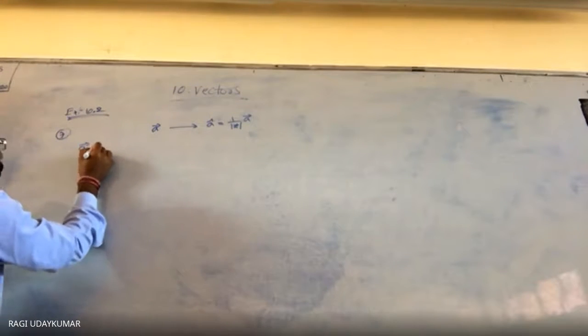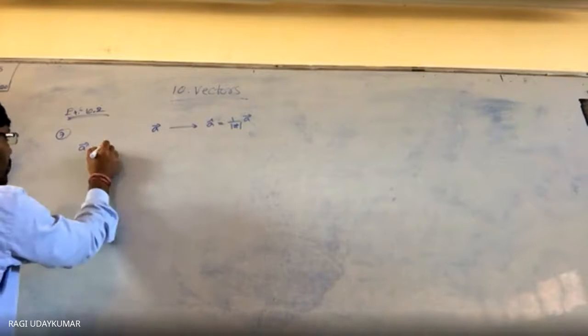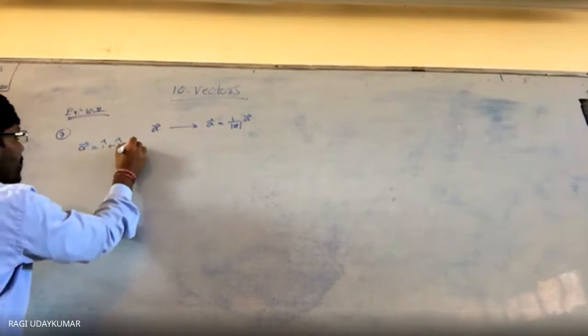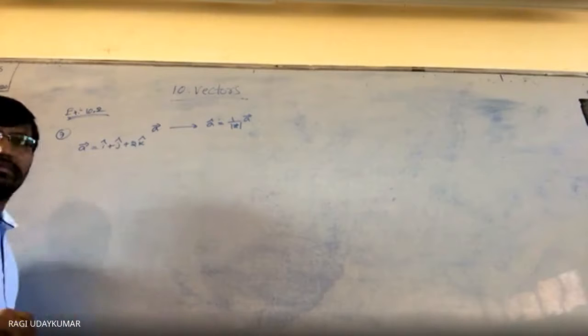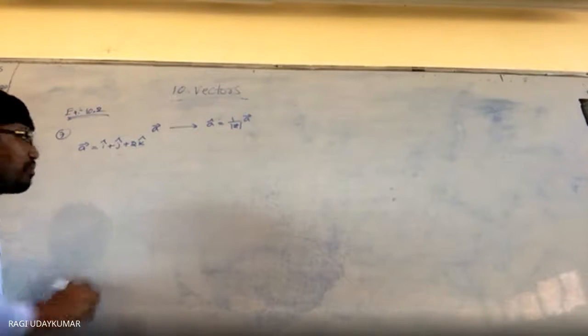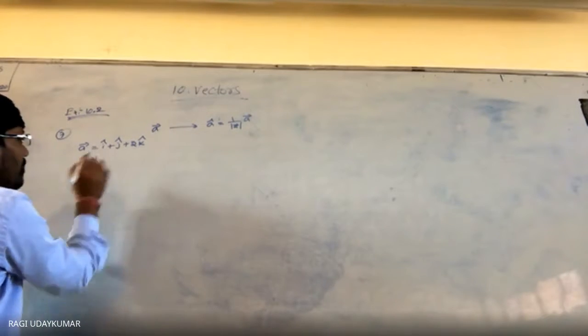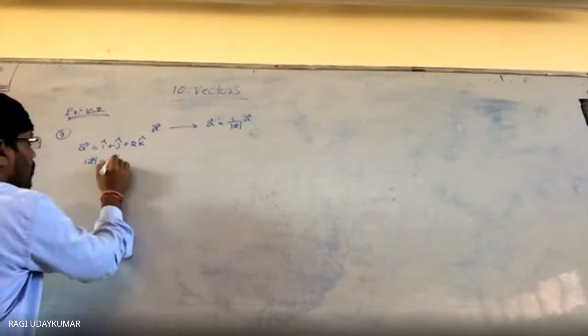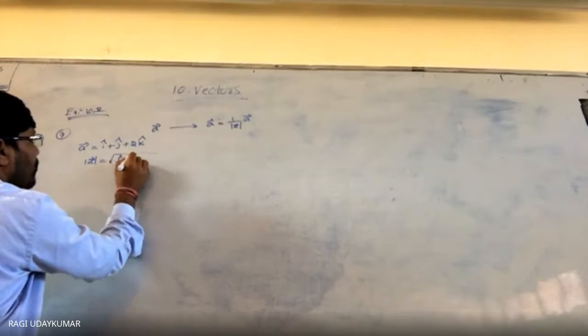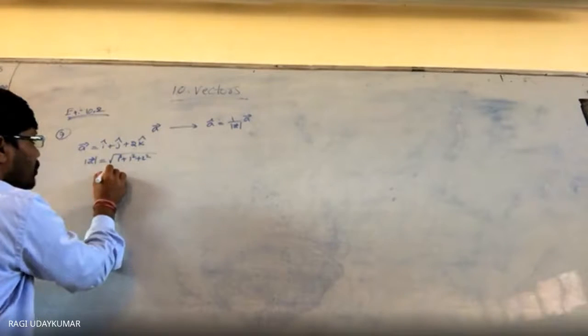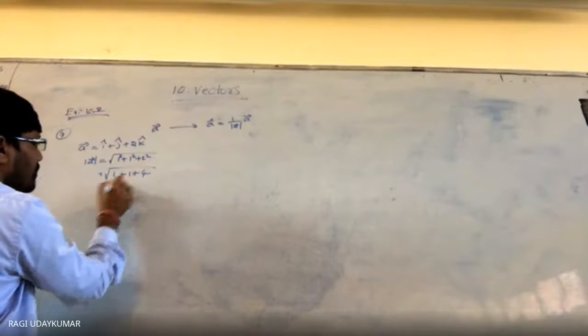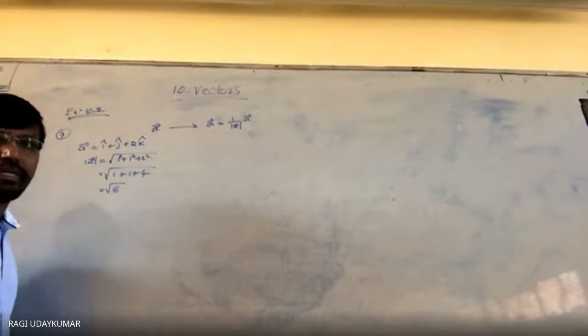A is equal to i plus j plus 2k. So first, find the magnitude of this vector. Under root of 1 square plus 1 square plus 2 square, which is equal to under root of 1 plus 1 plus 4, which is equal to under root of 6.